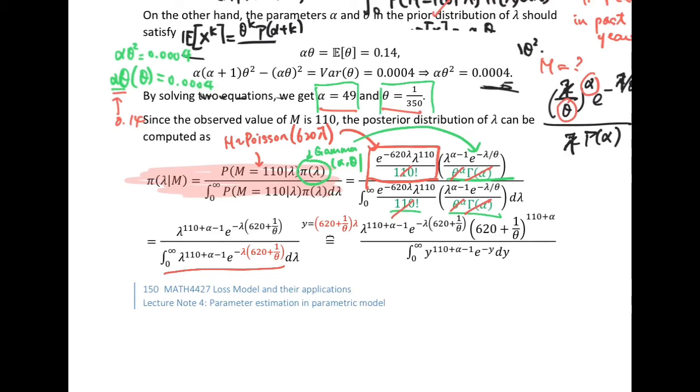Again, you can see that this integral is of the form lambda to the power of something, and then exponential minus lambda, right? Which is something rather close to the gamma function. So what I'm going to do is just like what we did before.